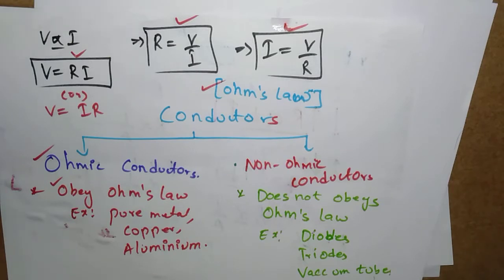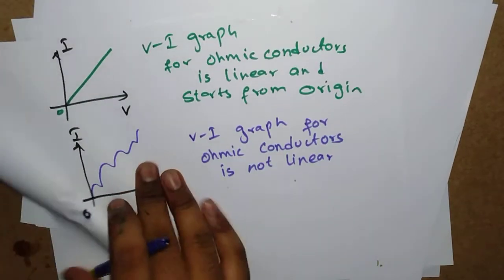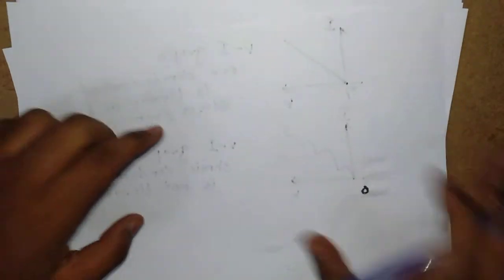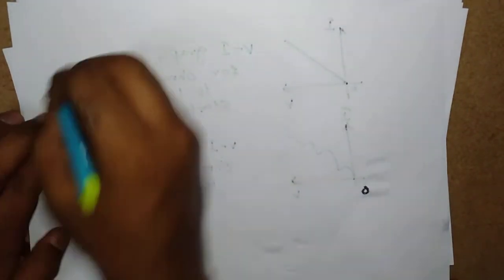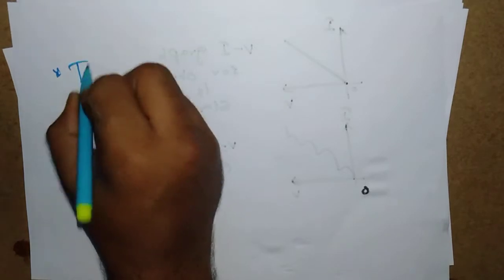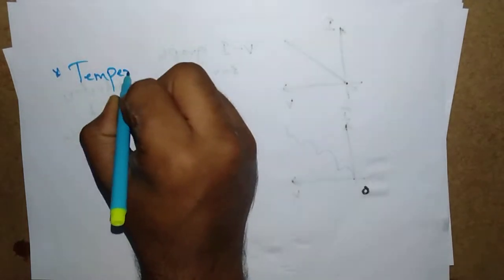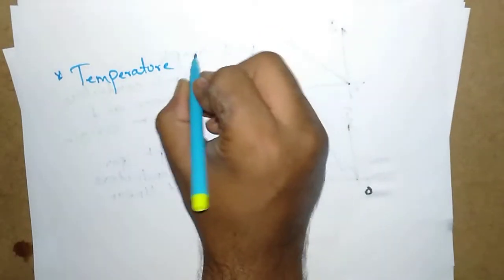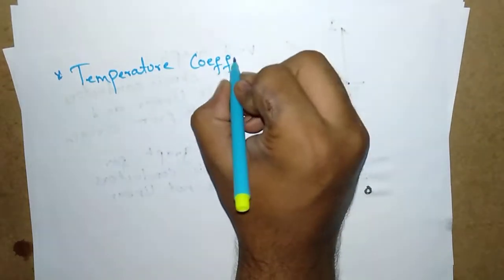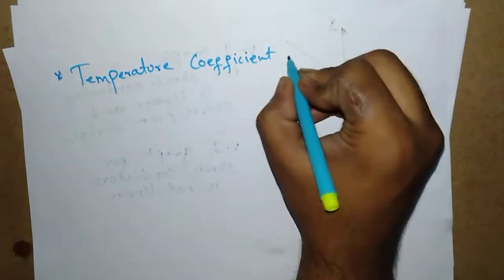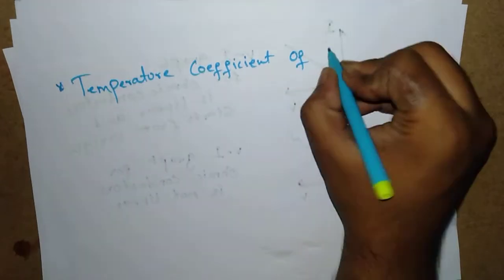Okay, and the next thing is temperature coefficient of resistance. I will write down the side heading: Temperature coefficient of resistance.